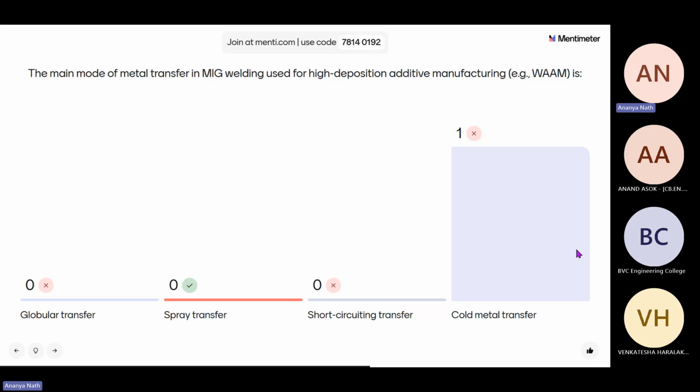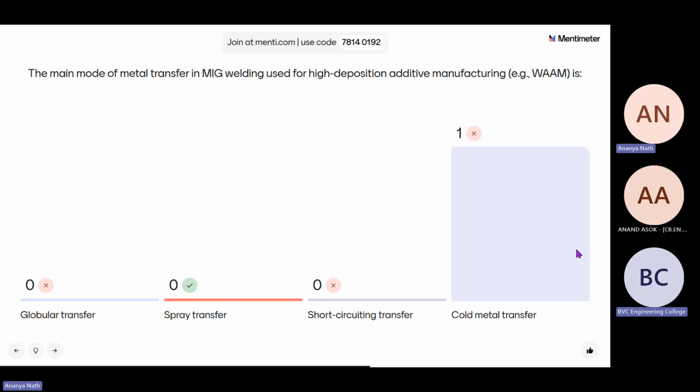Cold metal transfer is the CMT mode. But MIG uses a consumable wire, so it's the spray transfer.